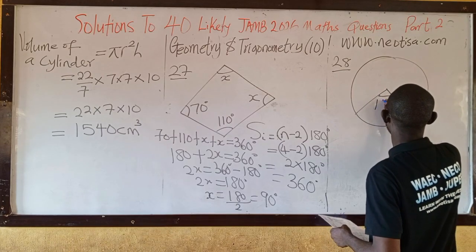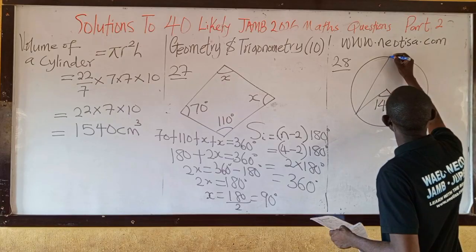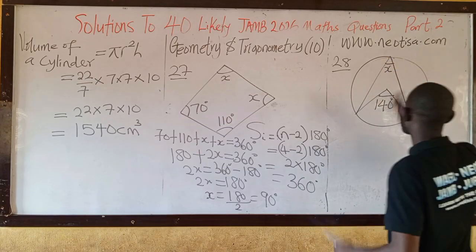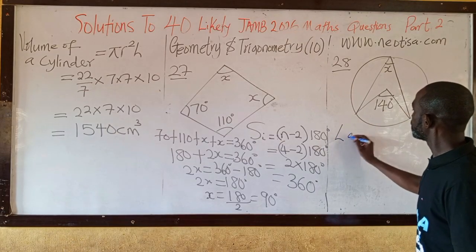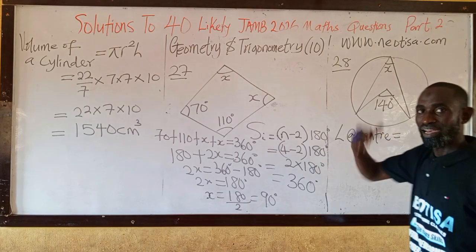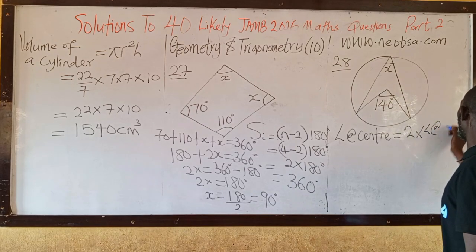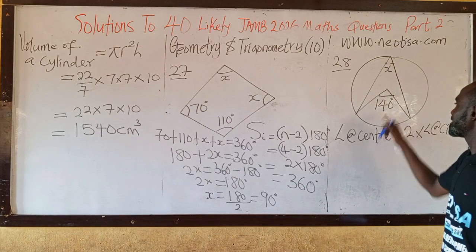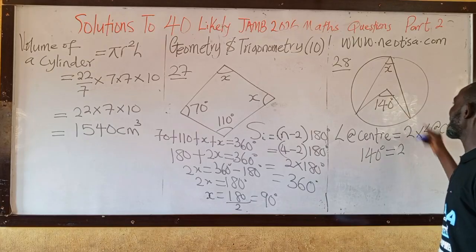This one is the center, 140 degrees. We also find the angle at the circumference. Let us say this is x. This theorem says the angle at the center is twice the angle at the circumference. The angle at the center is 140, so 140 degrees equals 2 times x.